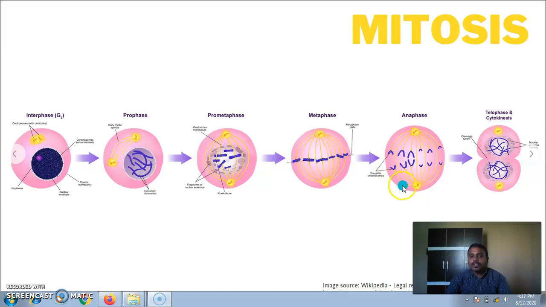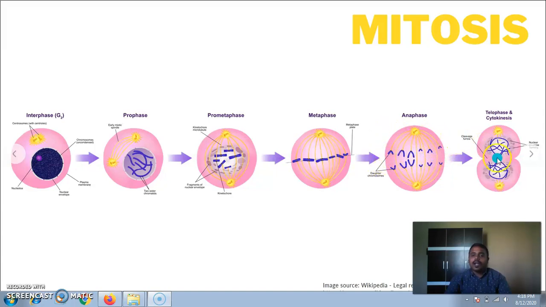Because of this pulling action, the center part, the kinetochore attached to the spindle fibers, pulls and rips these two daughter chromatids away from each other. Similarly, the same pattern happens in all the chromosomes. On both sides, a single pair of chromatids is separated. So this happens in your anaphase.